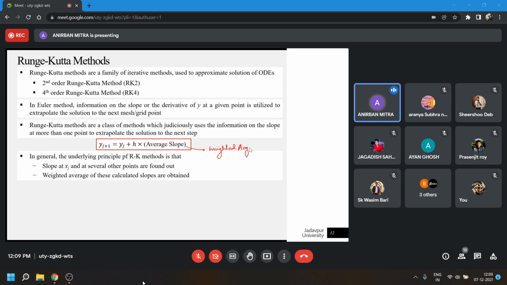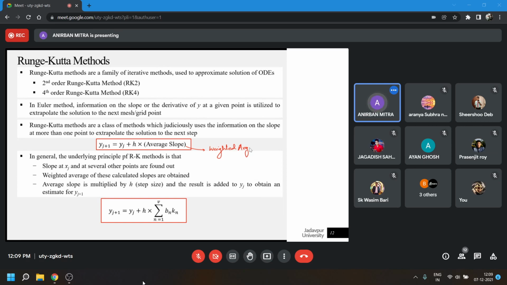Not all the points would have equal weights. Some may have smaller weights or some may have larger weights. So it is going to be multiplied by some factor. And that weighted average is then multiplied by the step size, and the result obtained is added to y_j to obtain an estimate for y_{j+1}. So this is the underlying principle of the RK method. This is what is done in all of them. What is different is how we obtain the different points, those multiple points and their corresponding slopes.